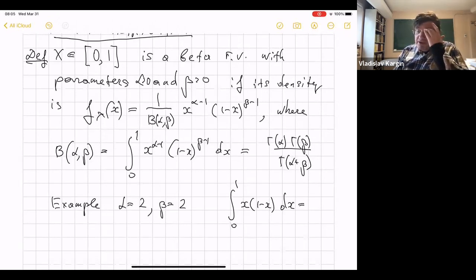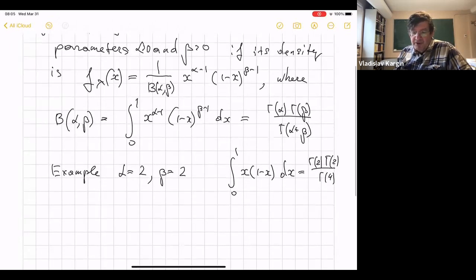In this case you get gamma of 2 times gamma of 2 divided by gamma of 4. Gamma of 2 is equal to 1 factorial, so it's equal to 1, and gamma of 4 is 3 factorial.